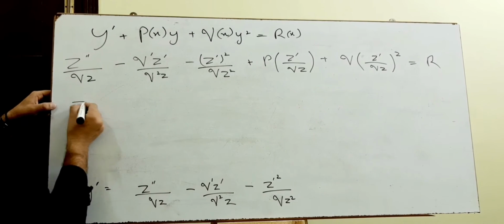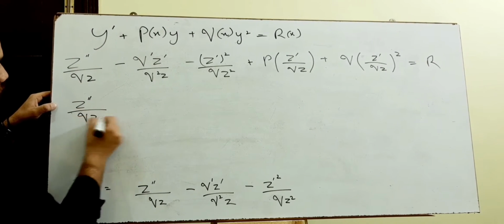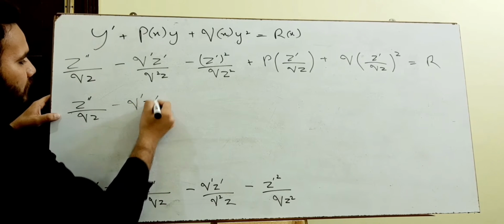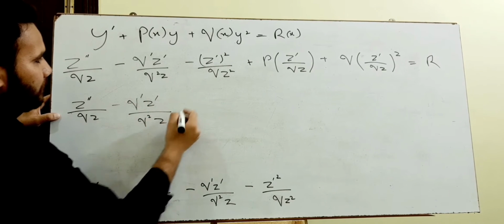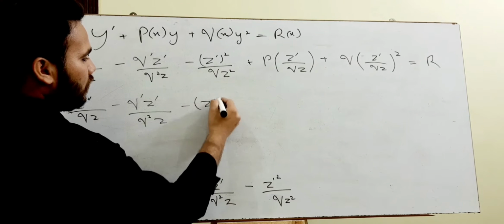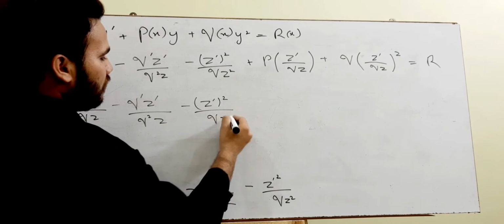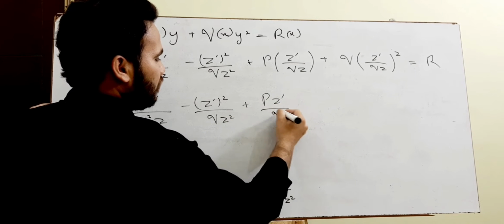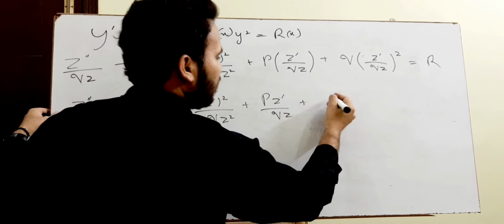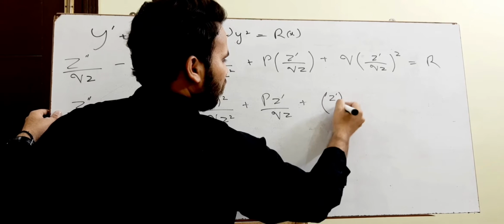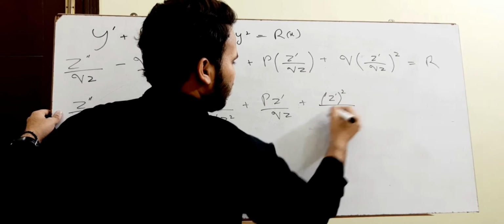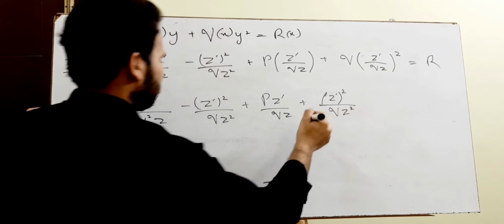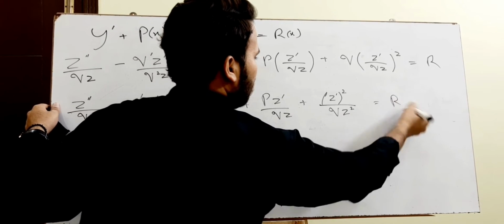And now simplifying, q prime qz minus q prime z prime divided by q square z minus z prime whole square, divided by qz square, plus p z prime divided by qz, plus z prime whole square divided by qz square, equals to r.